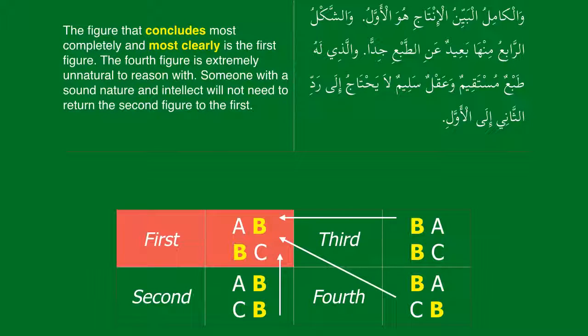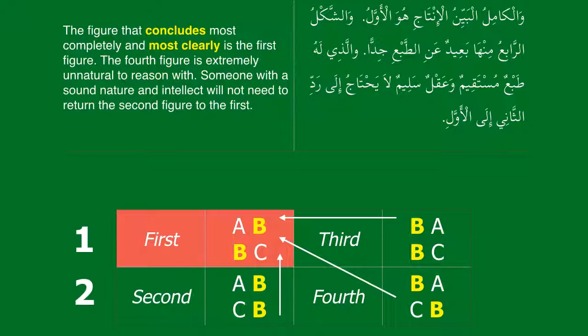When you look at the two premises of a categorical syllogism of the first figure, you can easily work out the conclusion. And since it concludes most clearly, that's why we want to return each of the other figures to the first figure.